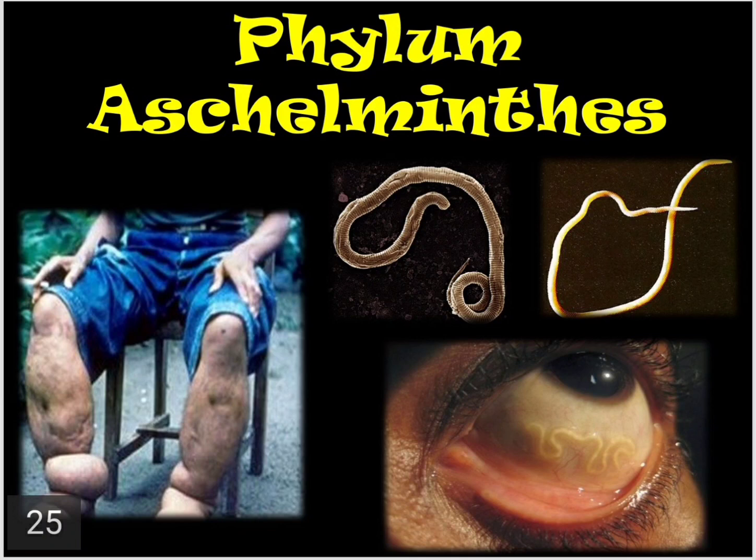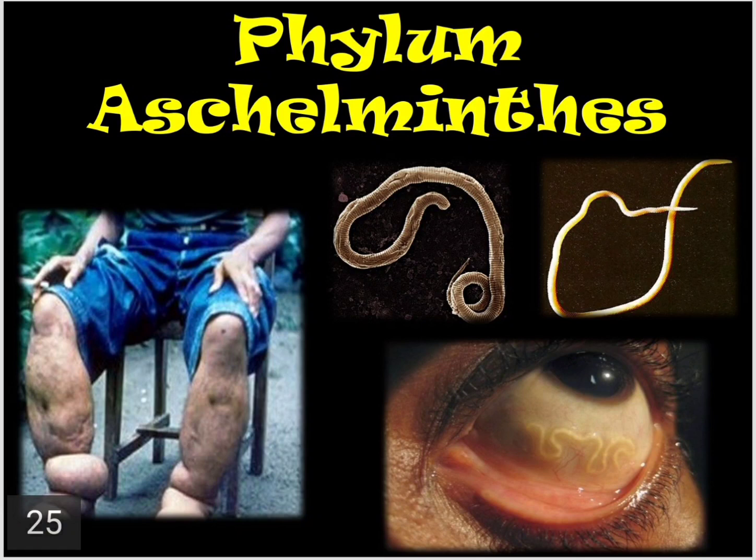And the second one next to it is the worm Filaria. Filaria is a special worm which causes that type of swelling in the man over there. That worm causes swelling of legs or swelling of the hands. And the third picture that you see, of the eye, if you look very carefully, there is a worm which is present in the eye in that picture.